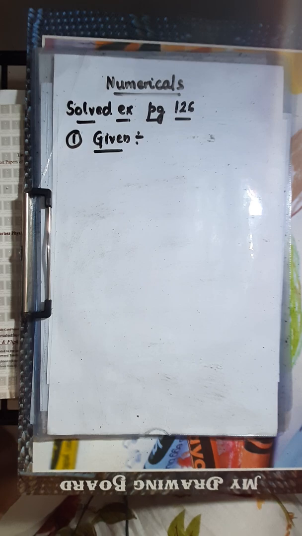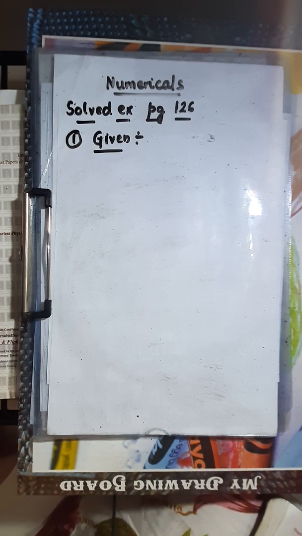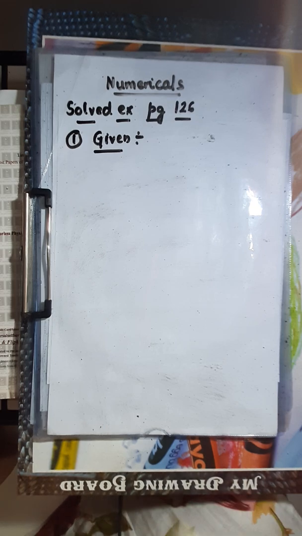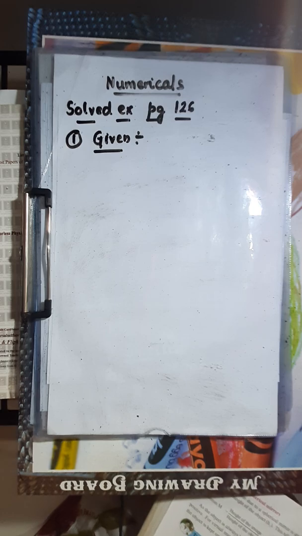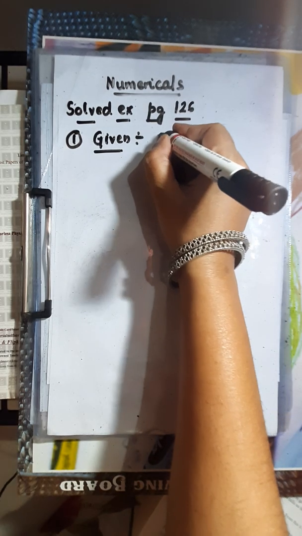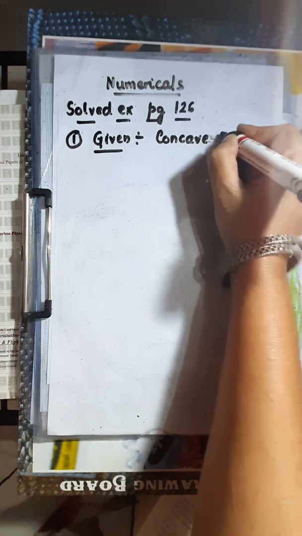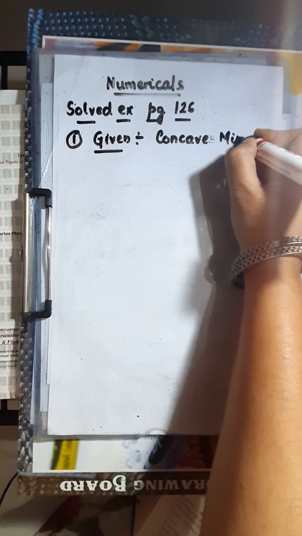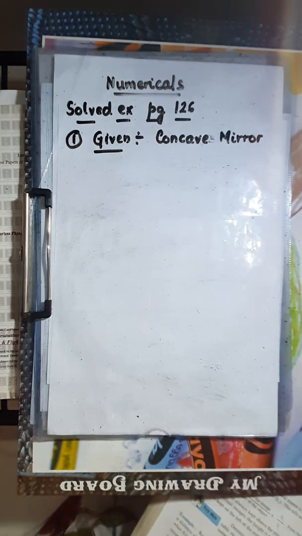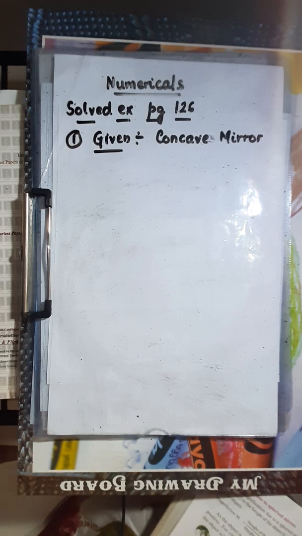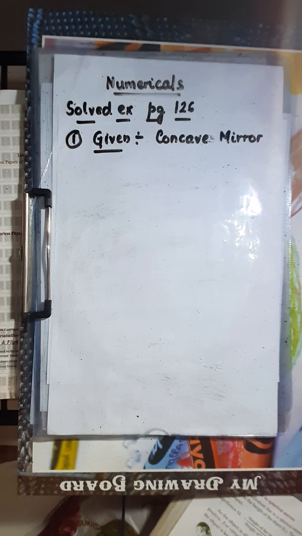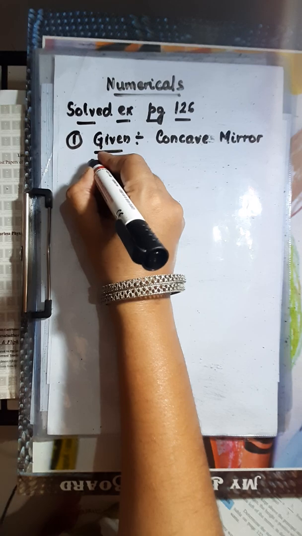Rajashri wants to get an inverted image of height 5 centimeter of an object kept at a distance of 30 centimeter from a concave mirror.